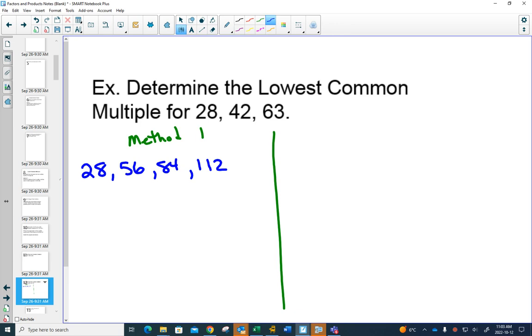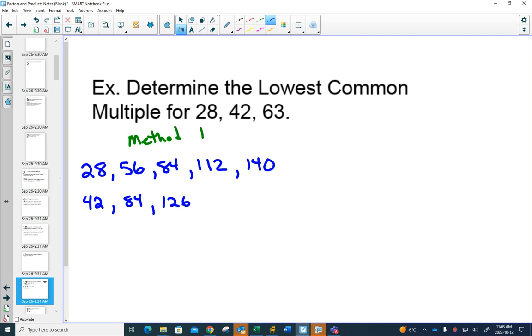Now I would go to 42. I would get 84, add 42 again. That would give me 126. I have to keep going because 28 and 126 aren't going to work, so I might need to take this line away. 28 makes 140.